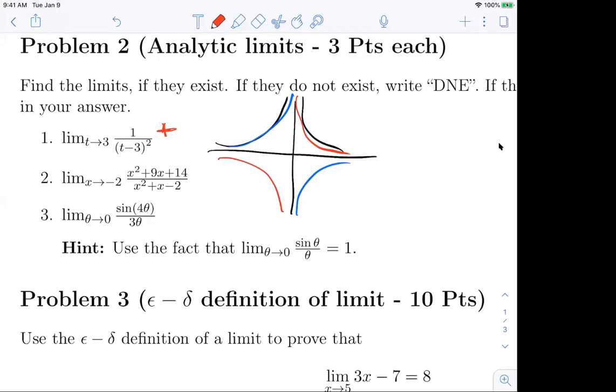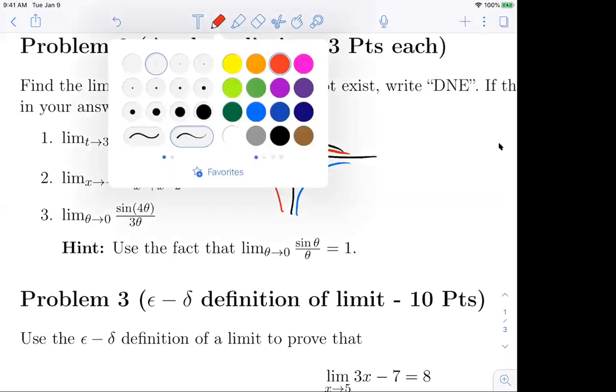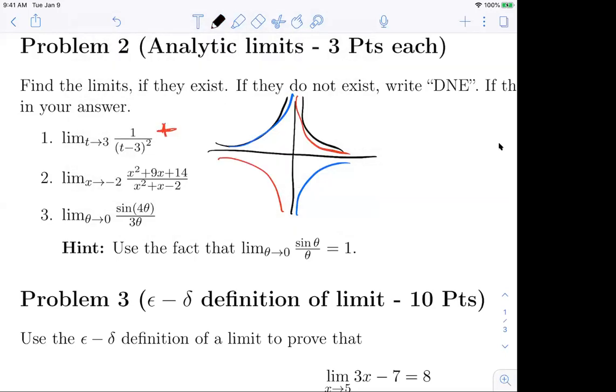So in this limit, I'm looking at something that's blowing up. I'm trying to divide by 0, so that's blowing up. And everywhere but t equals 3, this thing is positive. So what do we think is happening in this limit here then? Am I getting plus infinity, minus infinity, or maybe some weird combination of the two? Plus infinity, right? So I'm going to get that this is equal to plus infinity.